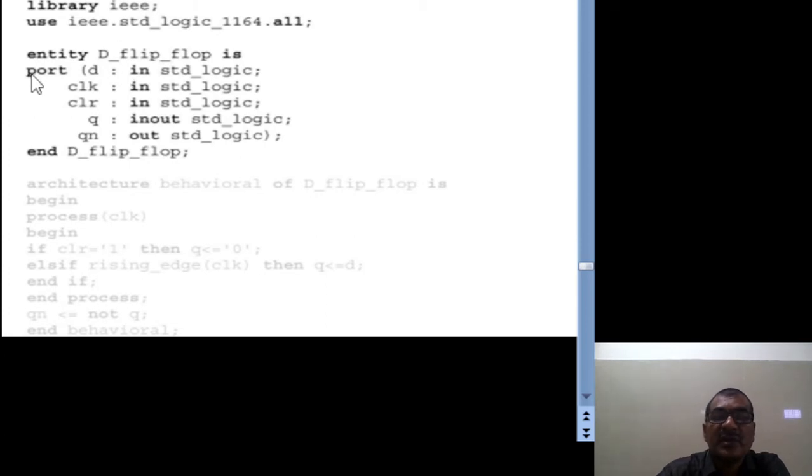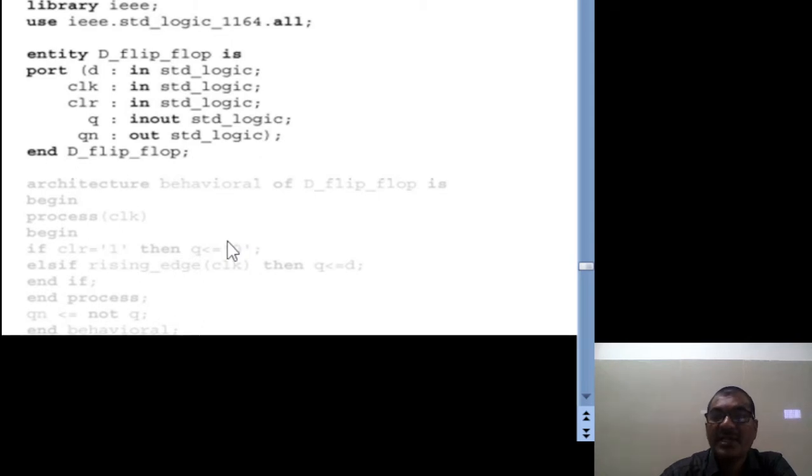Then the port: based on the symbol itself you can know the inputs and outputs. Clear is actually not shown here, so just take the clock signal, Q and Qn. Q and Qn can be written as out, based on the programming style.